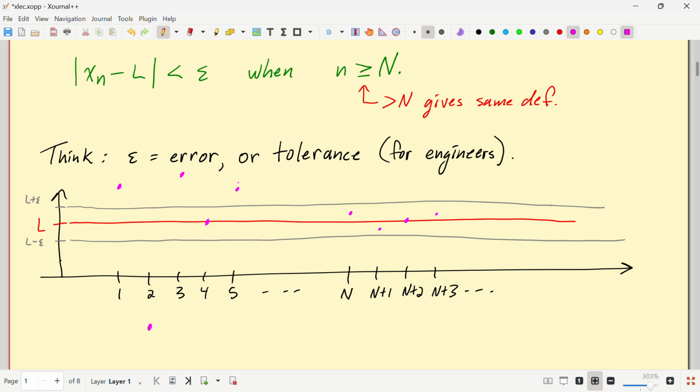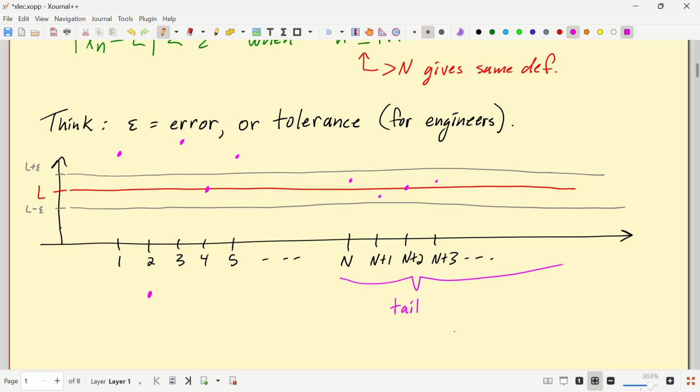People call this the tail end of the sequence, and the book is going to use that sort of as a scientific term. The tail end of the sequence eventually gets captured in that narrow band. And no matter how small that narrow band is, you can always find me an N such that that's the case.